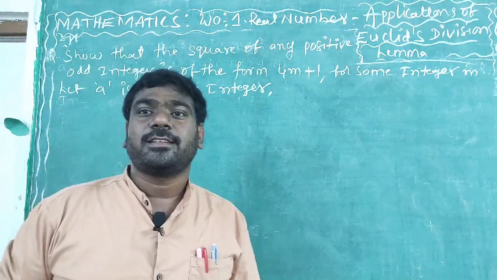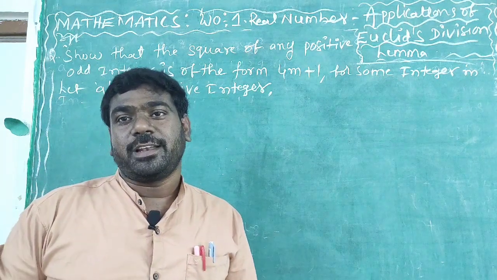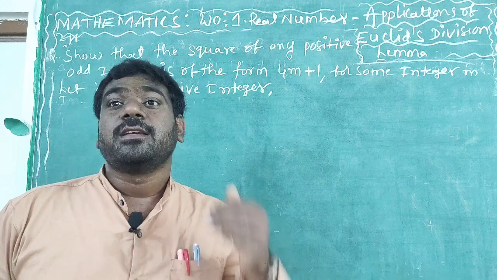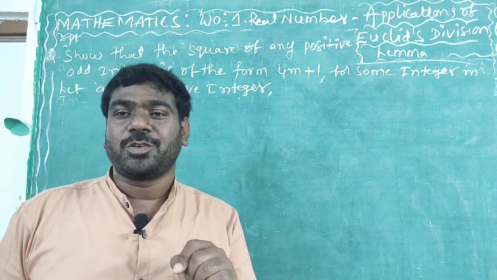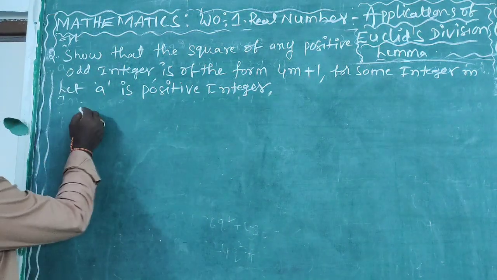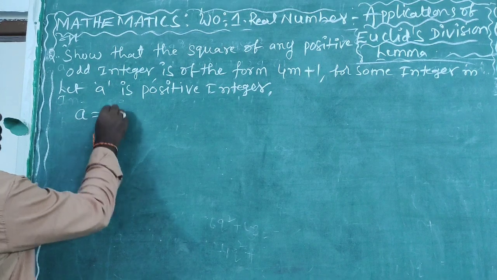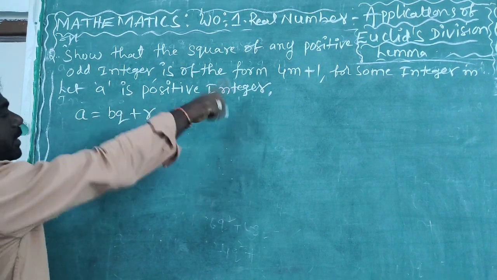Then what is the Euclid division lemma here? The statement is a is equal to bq plus r. So I am writing here a is equal to bq plus r, for any positive integer.